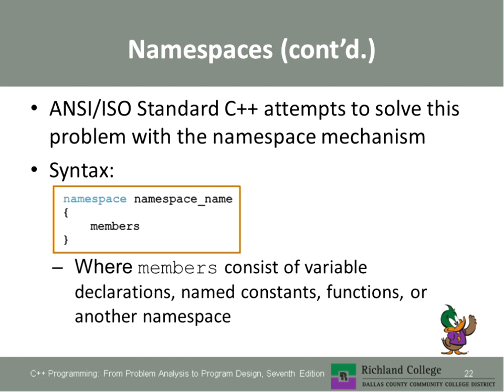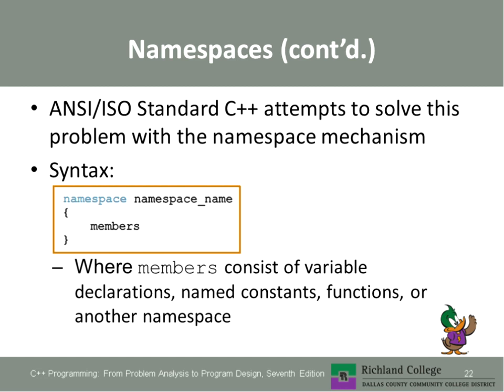So when we're talking about standardization of a language, C++ has been around for a long time, but it hasn't been standardized that long. It was only standardized in the early 90s. And that's where standardization comes into place. Why would you need standards? Well, because there used to be a lot of problems with global identifiers conflicting with each other.